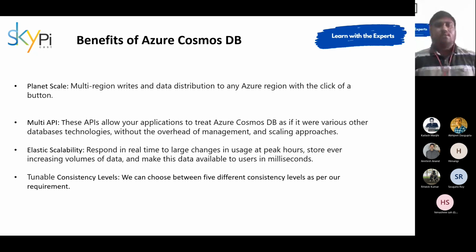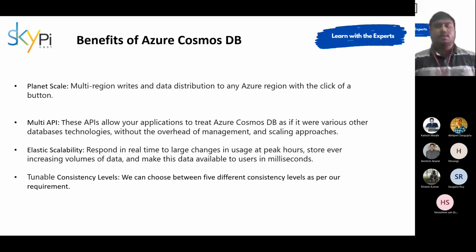And next comes elastic scalability. What it means is we can allocate throughput as the need arises. The resources will be allocated dynamically, or we can also set it to a threshold. We will be getting to that later.